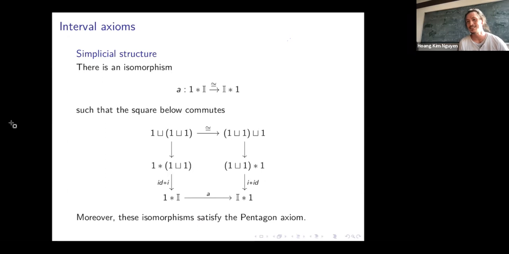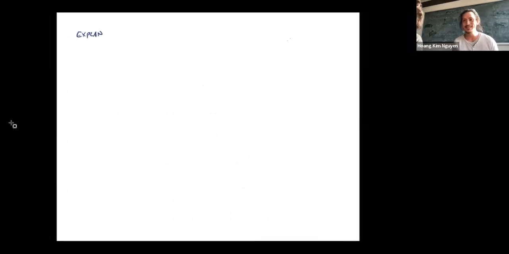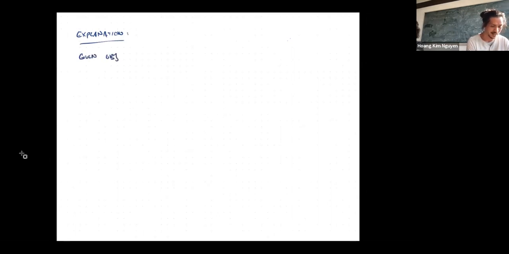Okay, let me still try to explain, although it seems to be clear already. The explanation is that, given objects, say A, B, and C, then we have a commutative diagram.